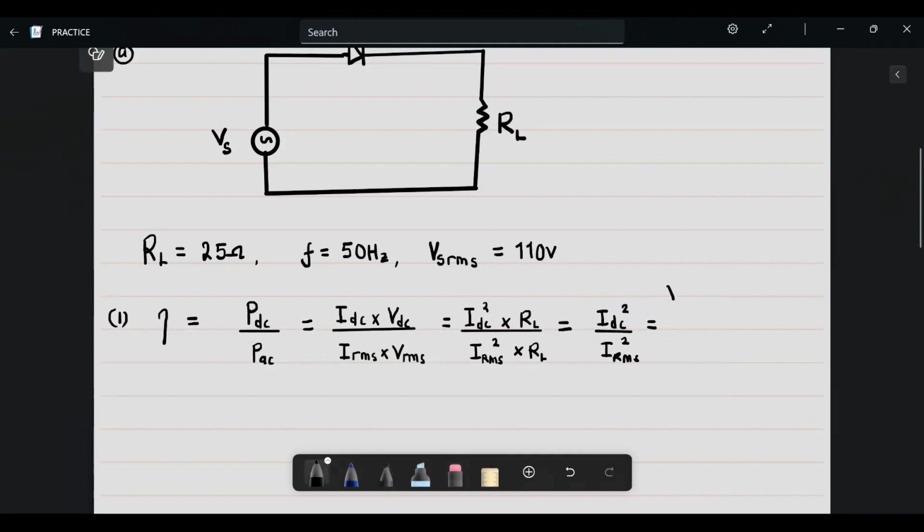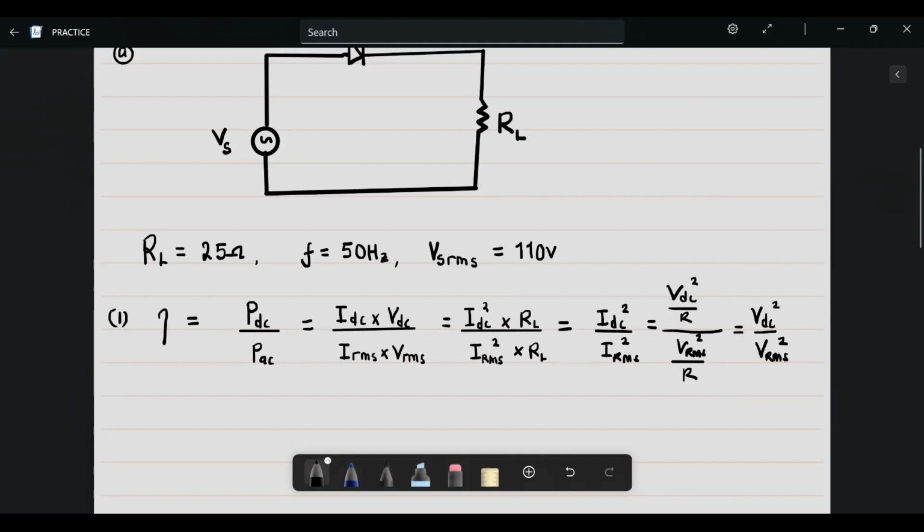Remember that power is also the same as V squared over R. So this is VDC squared over R divided by V RMS squared over R. This RMS I'm talking about is the output RMS voltage, not the input. The R and R cancel out, so you're going to have VDC squared over VRMS squared.